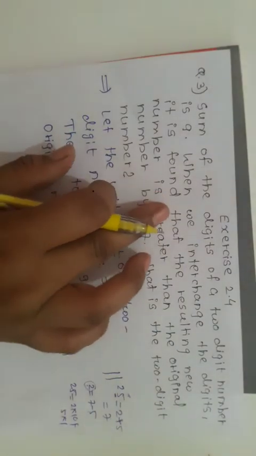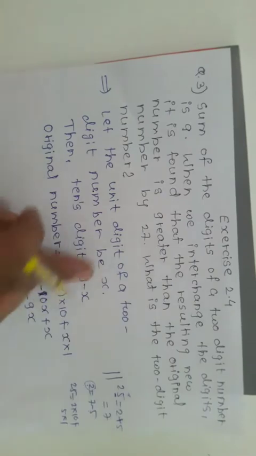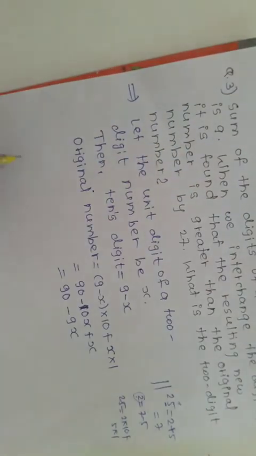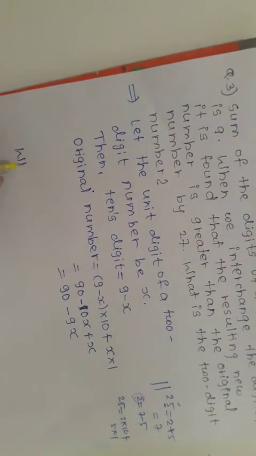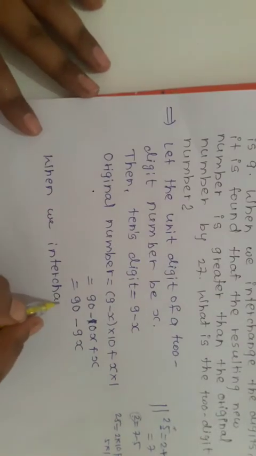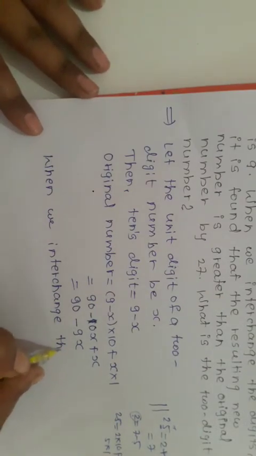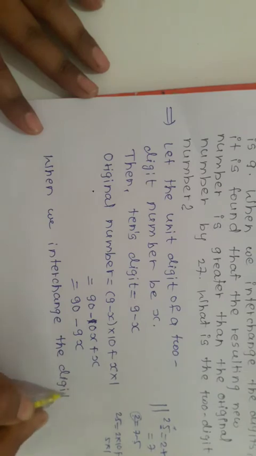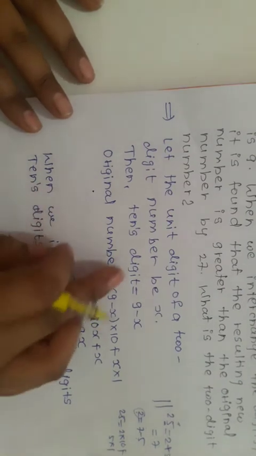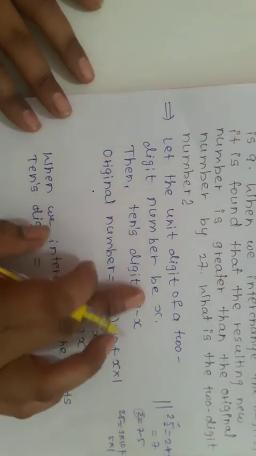Again, what is given in our example? When we interchange the digits, the tens digit becomes the unit digit and the unit digit becomes the tens digit. So write down: when we interchange the digits, in the original number the tens digit is 9 minus x and the unit digit is x.